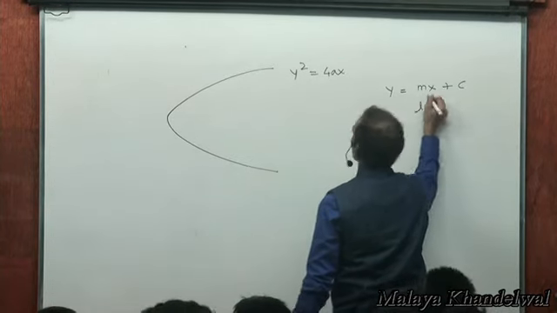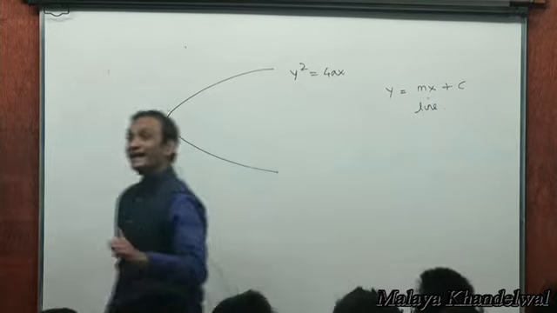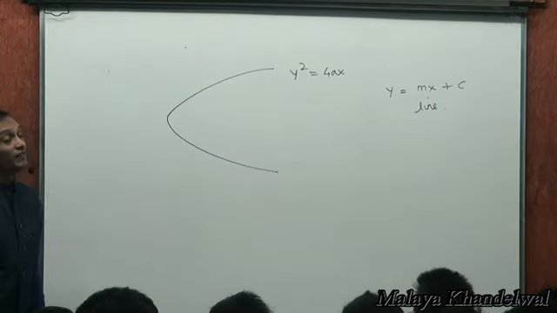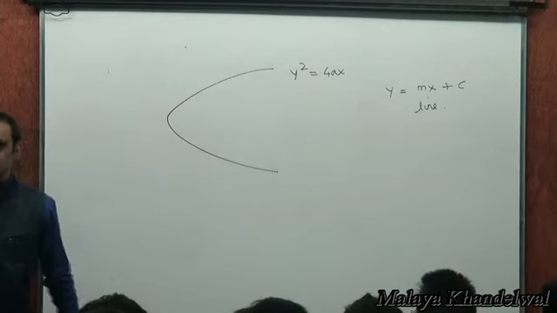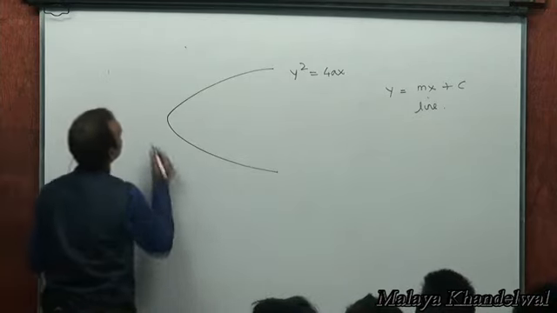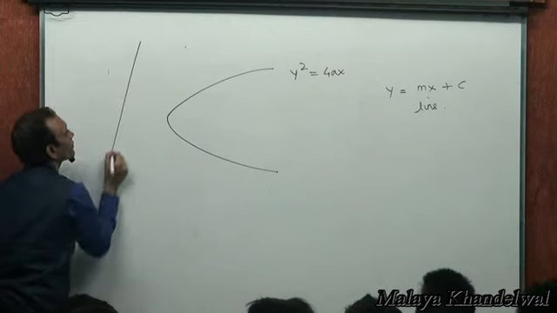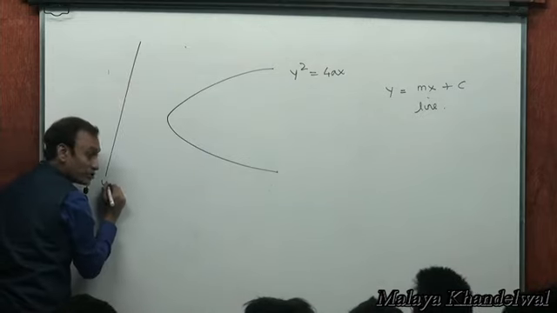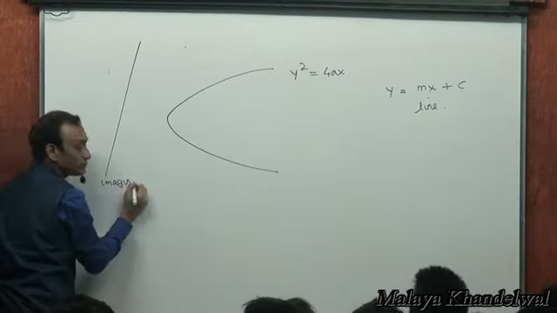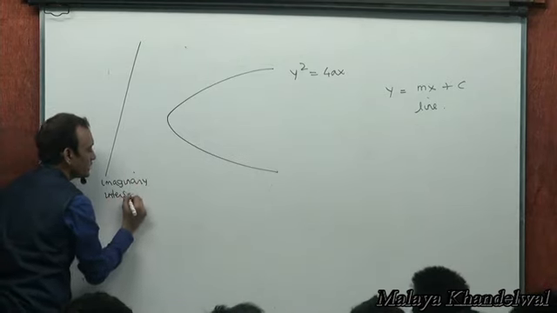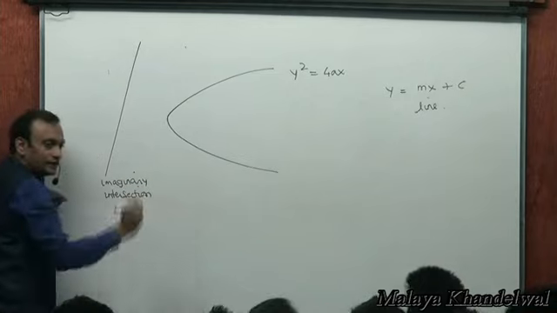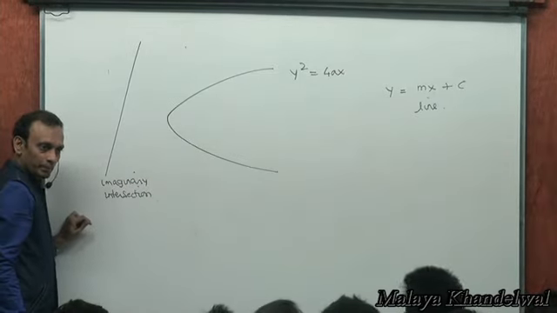Now that line could have three possible orientations. One, imaginary points of intersection with the parabola. Imaginary intersection points with the parabola, that's one possibility, right.